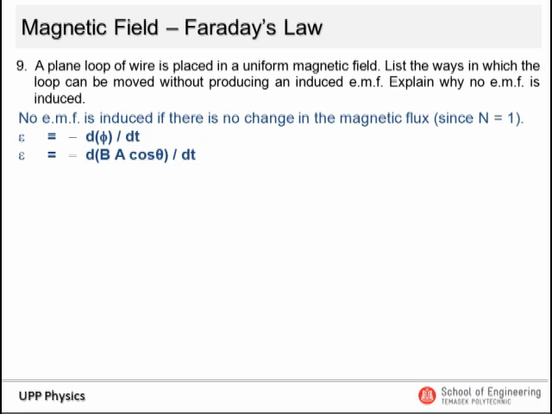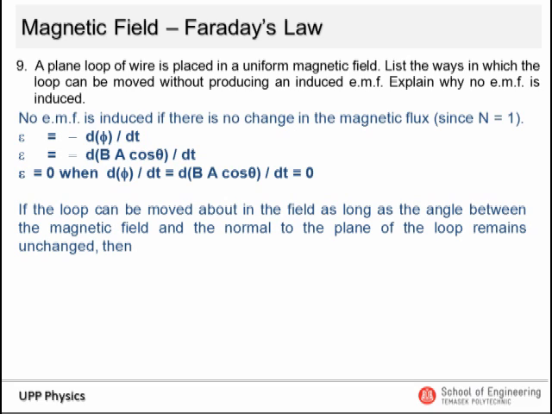And we know that magnetic flux is equal to BA cosine theta. So we replace phi with BA cosine theta. So the EMF will be equal to 0 when d phi over dt is equal to 0.